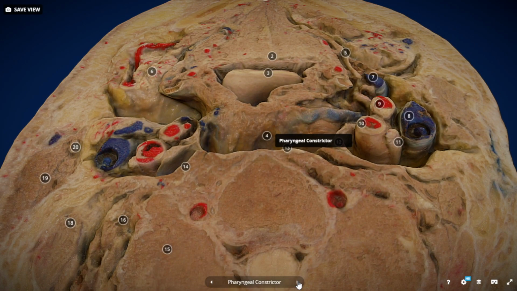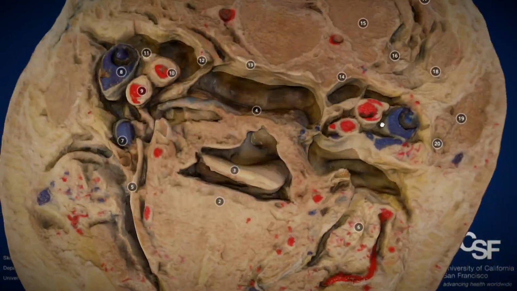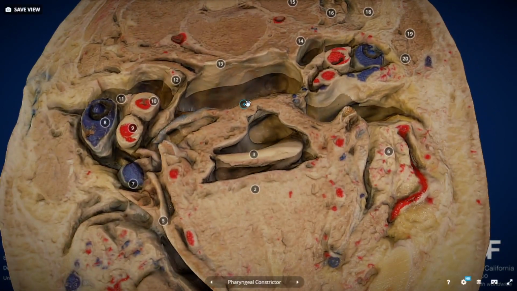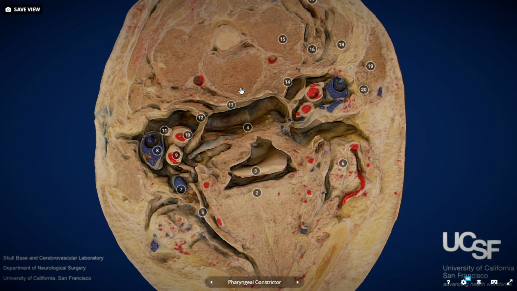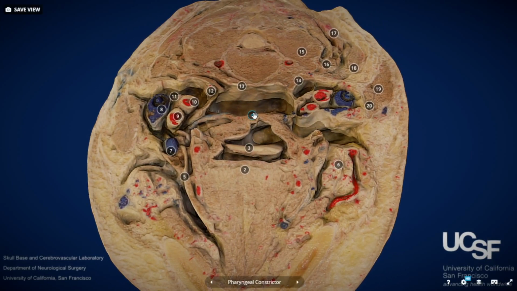It's important to comment that the upper portion of the pharyngeal constrictor is attached to the pharyngeal tubercle of the basilar portion of the occipital bone. This is a great view to understand the different neurovascular and visceral components when approaching either anteriorly or posteriorly, in this case the upper subaxial level.